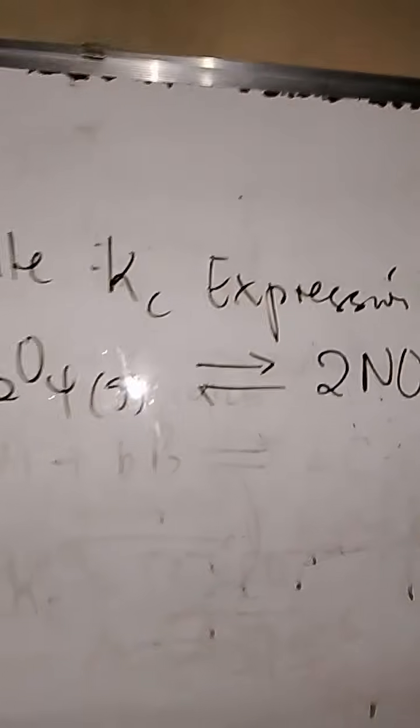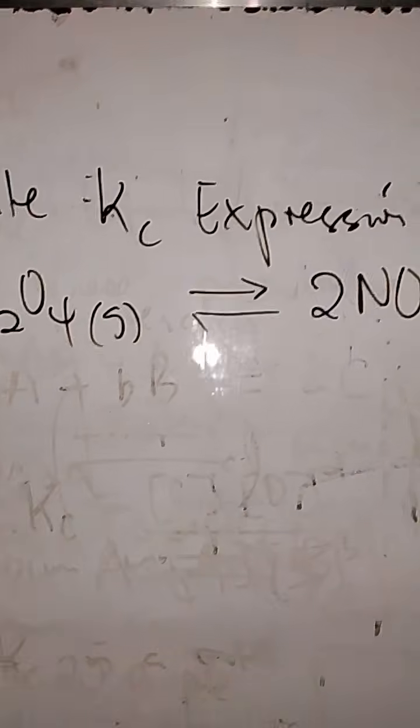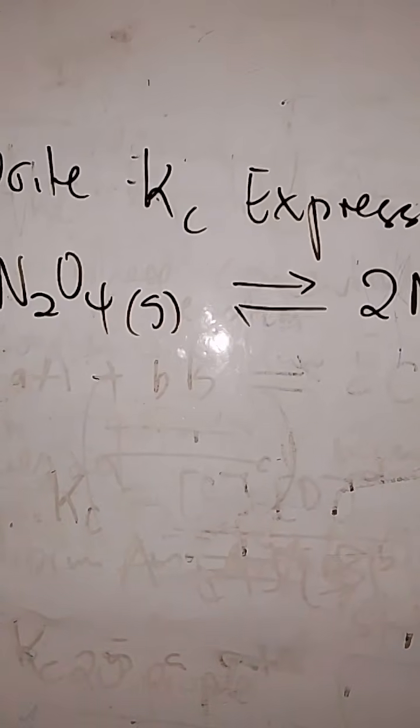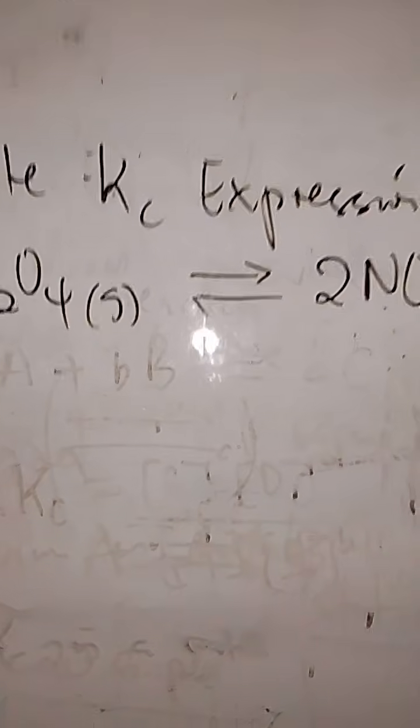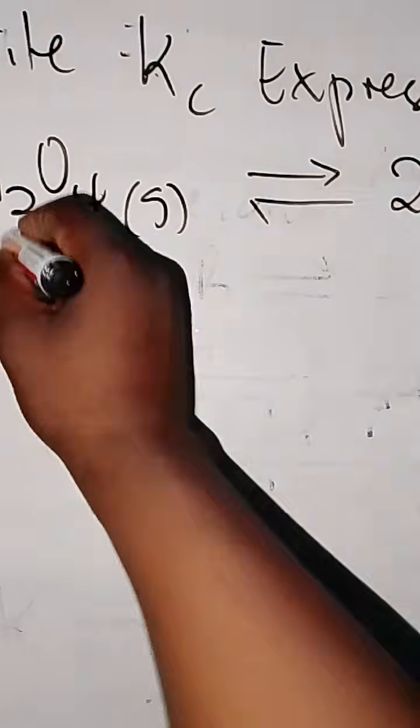That's nitrogen tetraoxide forming 2 nitrogen dioxide. So we can write Kc for this one. This is the product, this is the reactant.